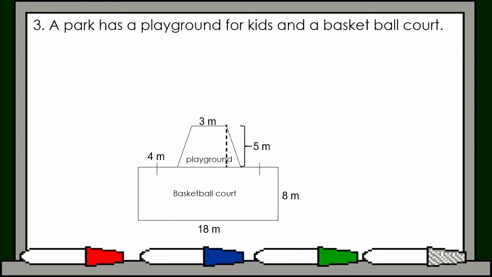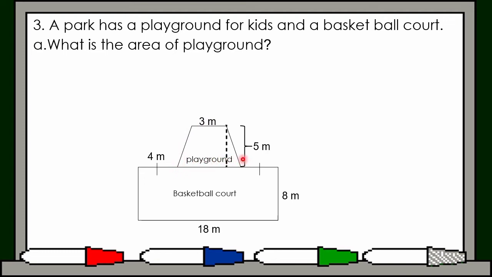Let's have our last word problem. So, take a look at this image. A park has a playground for kids and a basketball court. So, this is the playground and this is the basketball court. The first question is, what is the area of the playground? So, take a look at this. What is the shape of our playground?